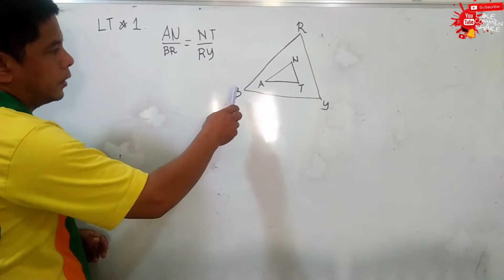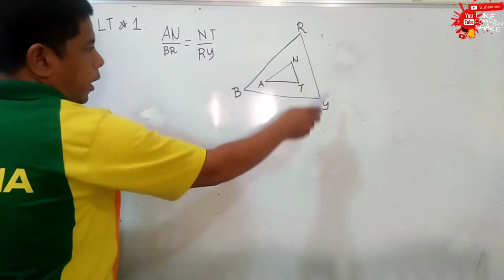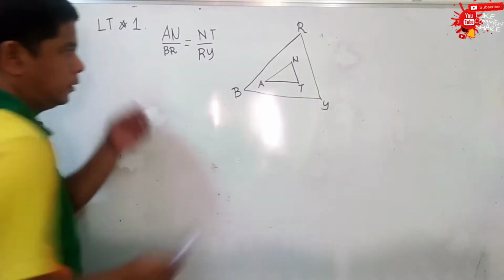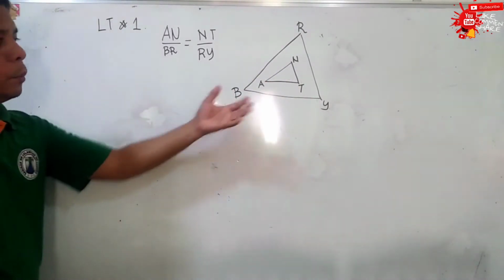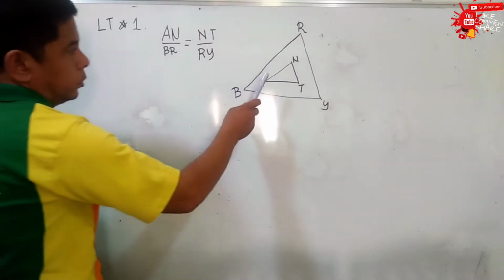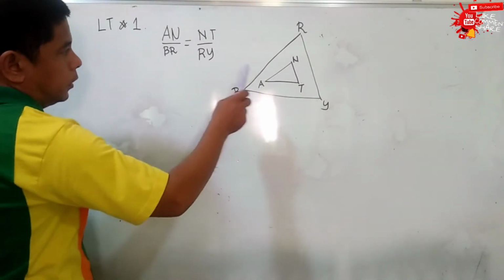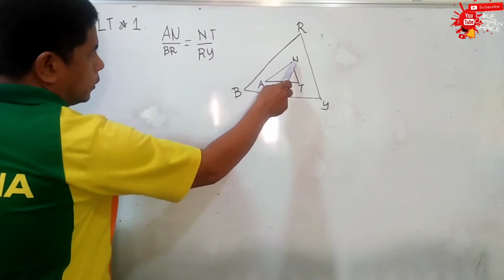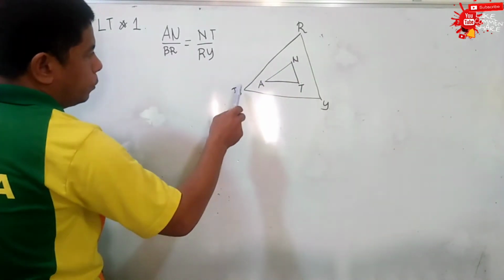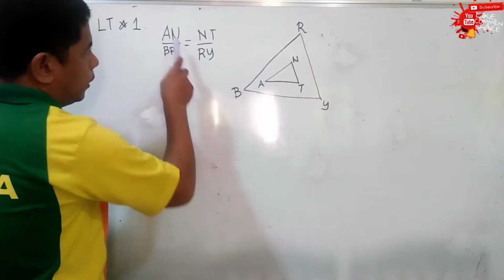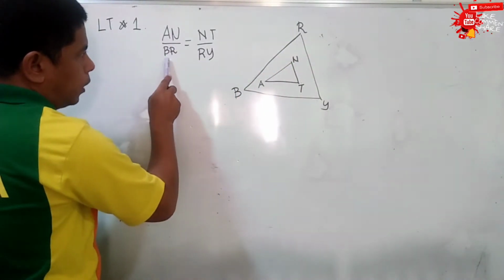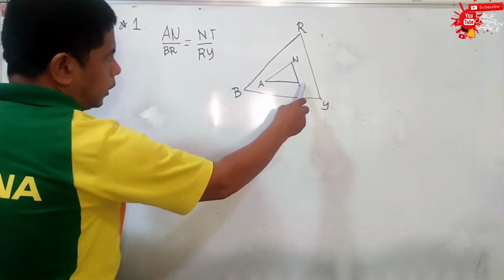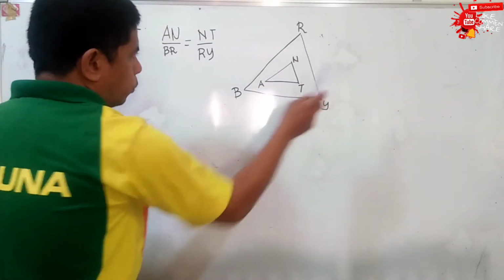Given tayo ng triangle BRY similar to triangle ANT. So, makakagawa tayo ng proportion, which is AN corresponds to BR, at yung kabila naman equal siya sa NT corresponds to RY.